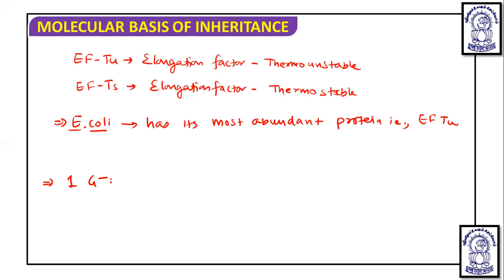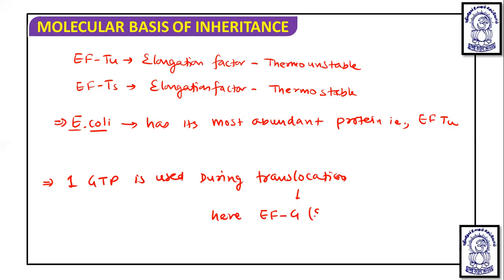And next, one more GTP is used during translocation, and here elongation factor G, which is an elongation factor in prokaryotes, is used. So here you can see one GTP.